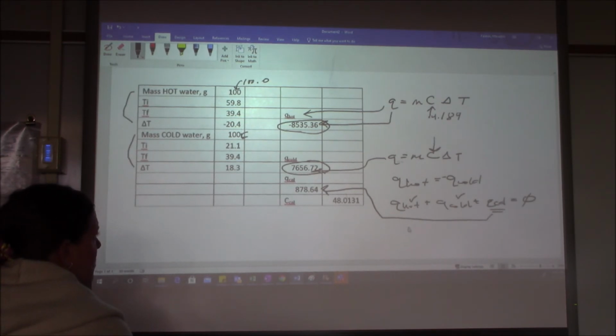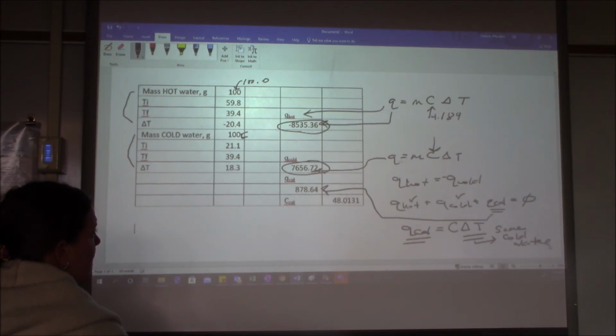In the end, what I know about the calorimeter is that the energy absorbed by the calorimeter has to be equal to its heat capacity, or specific heat, times its change in temperature. So I have this value, and for delta T, I'm going to use the delta T for the cold water.